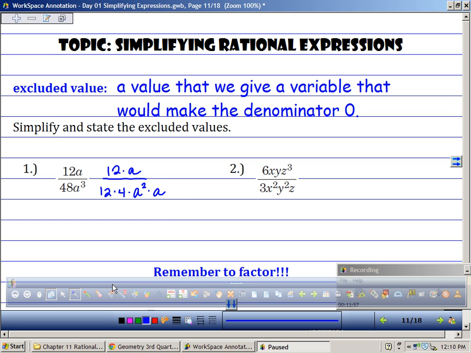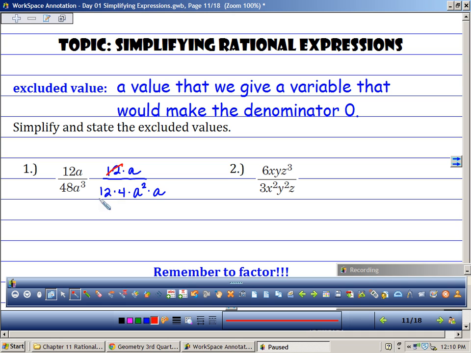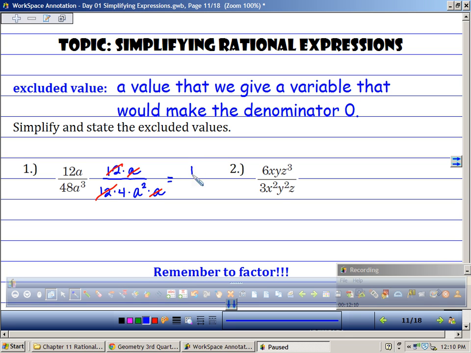A squared times A. Cancel my 12 and my A's, and I'm left with, what in my numerator? 1 over 4A squared. What's my excluded value? What can A not equal? 0. Good job.